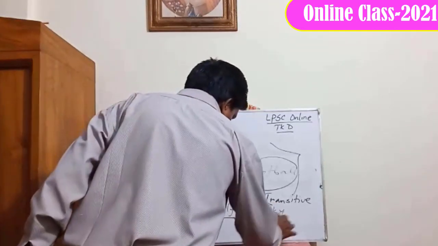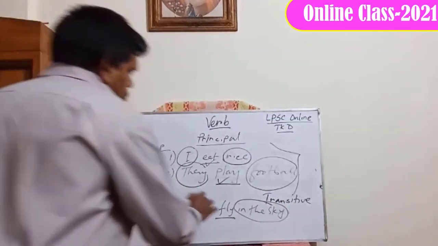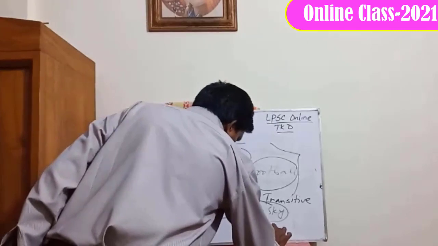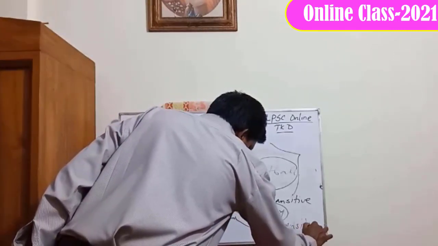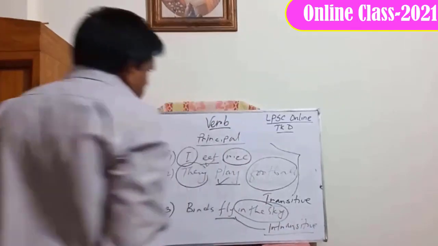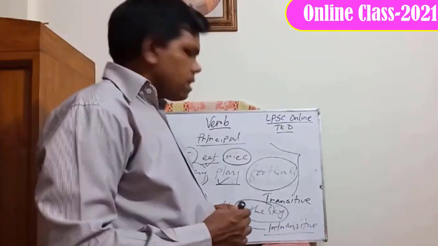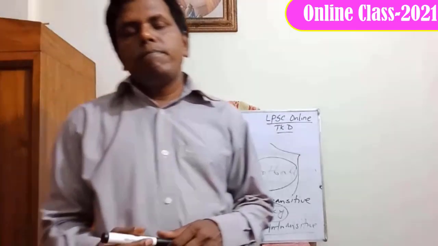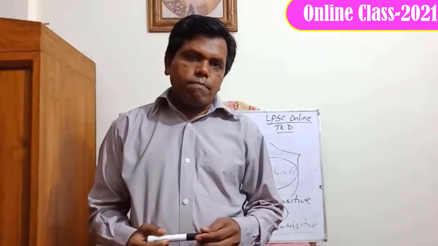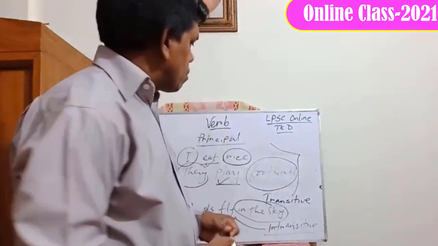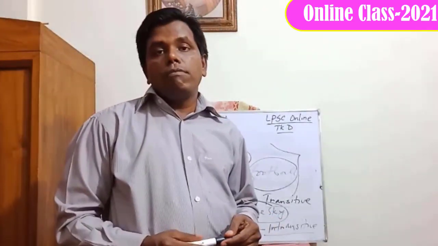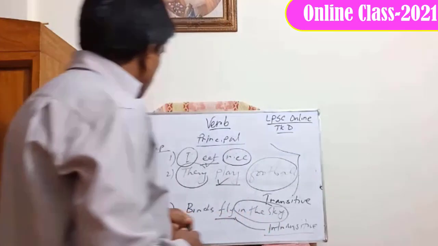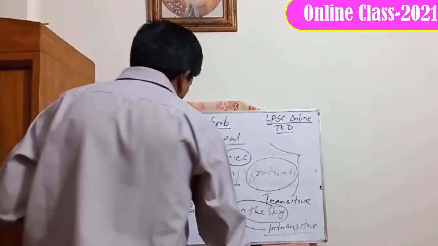That is an extension of this sentence. So this verb fly is intransitive. Principal verb has another name. It is called action verb. Okay, it's called action verb because it can complete an action of a sentence. So it is called principal verb.